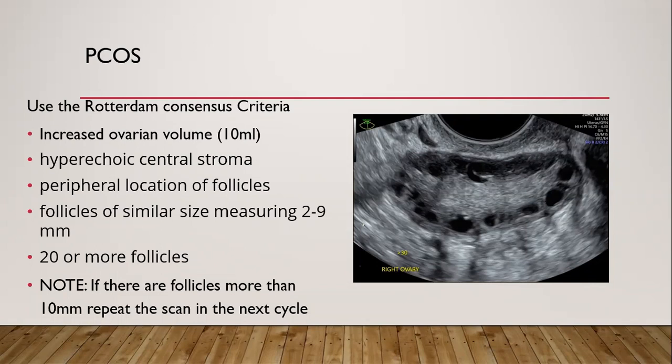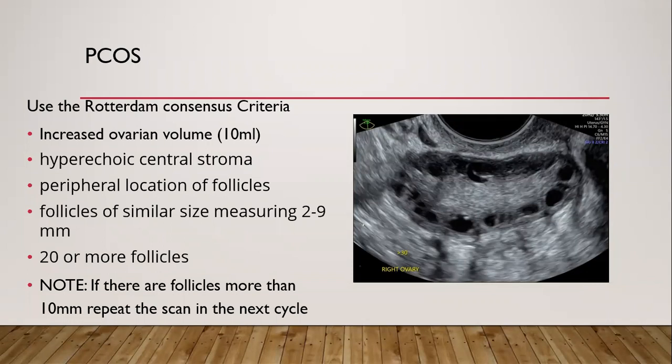You also need to look at the follicles of similar sizes. When you check around the ovary, you'll see the follicles, and their sizes should be almost similar, between 2 to 9 millimeters. A lot of the criteria indicated that the number of follicles used to determine PCOS is 12 or greater.